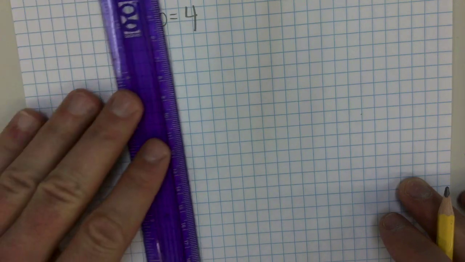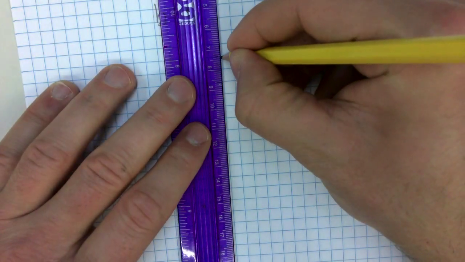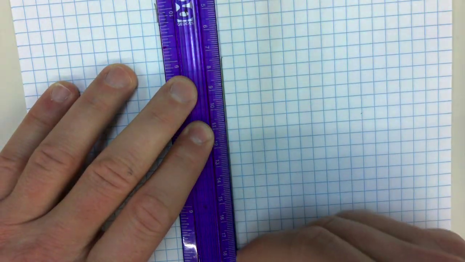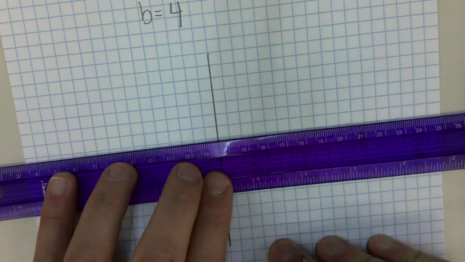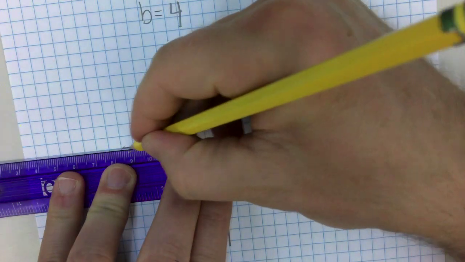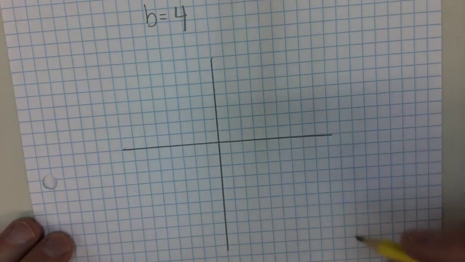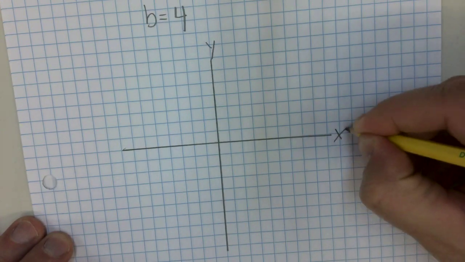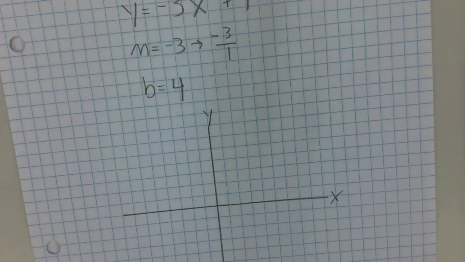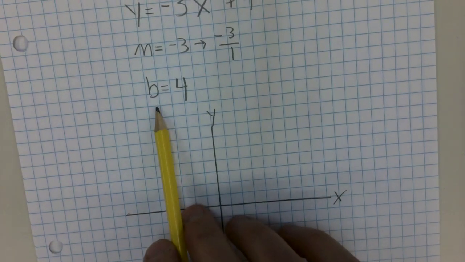Let's do the same thing we did. Let's create our coordinate plane. Y and x. We're going to start with our y-intercept.